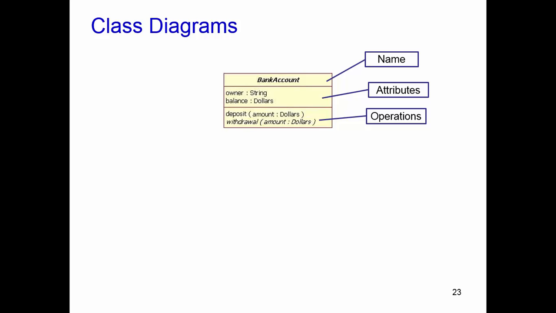Then operations are basically the functions that the class can perform. If you're looking at the GPS system, the name will be the GPS system. The attributes can be that we can manage this many nodes, or we have a radius of this length. And the operations can be that we can perform these types of analysis with the GPS system.